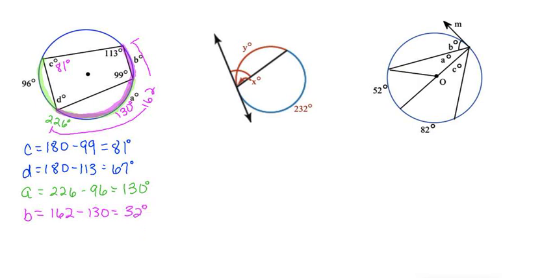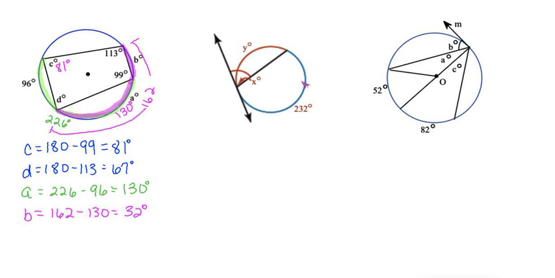Now, let's look at this next example. I notice it looks like the second part of the inscribed angle theorem because I have angle X that is formed from a chord and a tangent. Now, the first thing I notice is about Y. Y is going to be the remaining part of this circle.